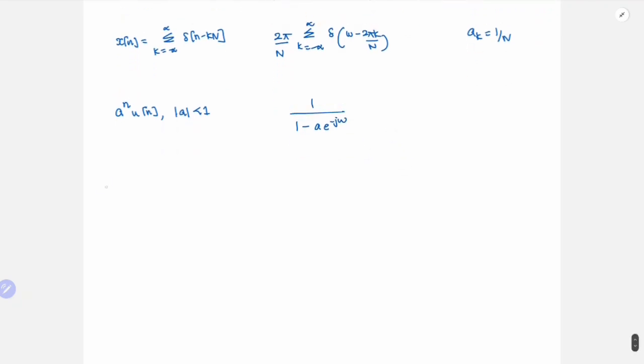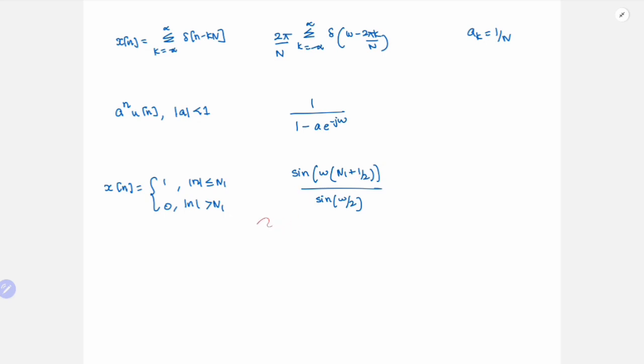And then if you have a square pulse, let's say your x[n] equal to 1 for |n| less than or equal to N1 and 0 for |n| greater than N1, then your Fourier transform is going to look like this: sin(ω(N1 + 1/2)) / sin(ω/2).